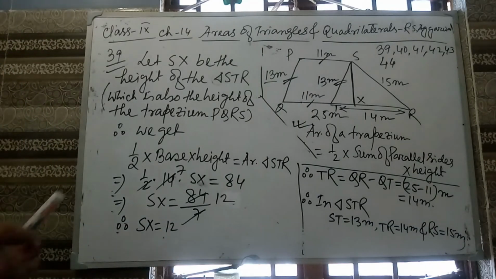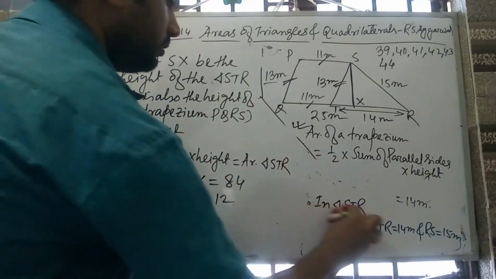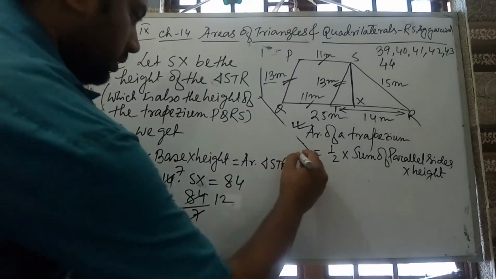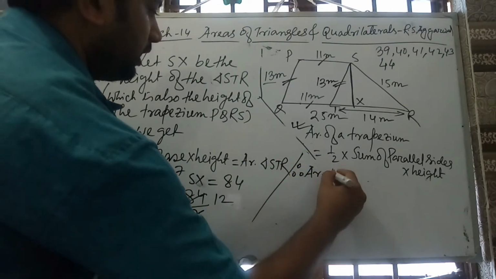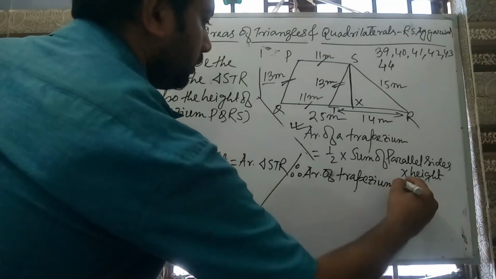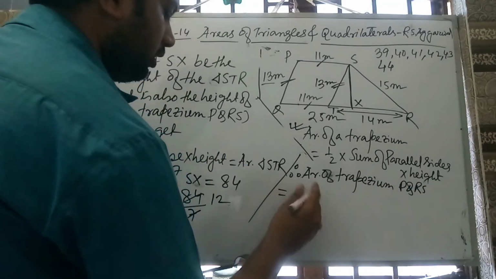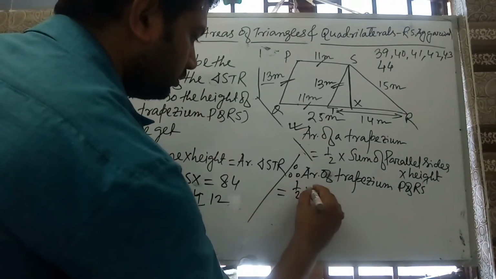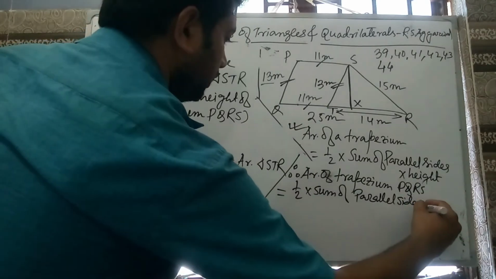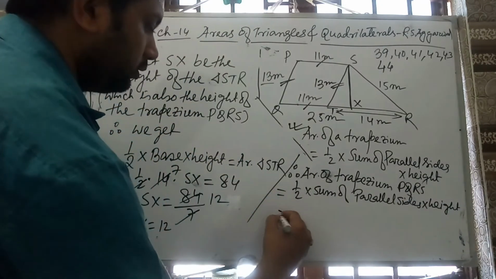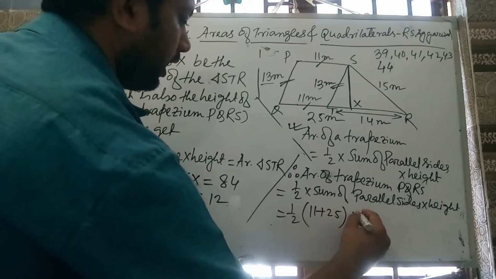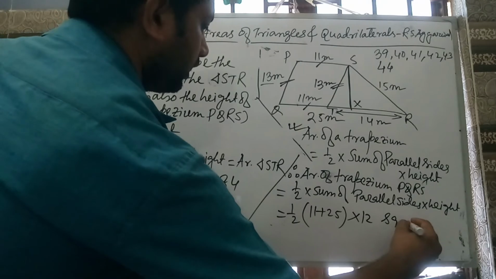Okay, so last step. Therefore, area of trapezium PQRS equal to half into sum of parallel sides into height, equal to half into sum of parallel sides, means this one and this one, 11 plus 25, height is 12, this much square meter.